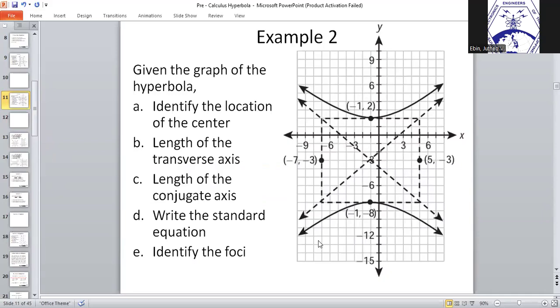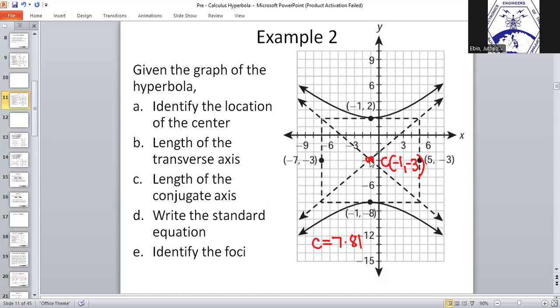Again, C is equal to 7.81. So, ito yung center natin. Yung center natin ay nasa negative 1, negative 3. So, bibilang tayo ng 7.81 from the center. Pataas at saka pababa naman. Kasi horizontal ngayon yung transverse axis natin.